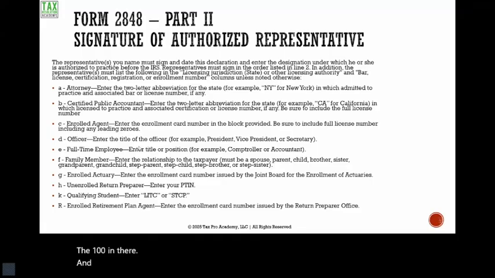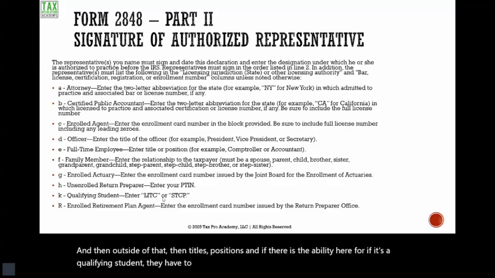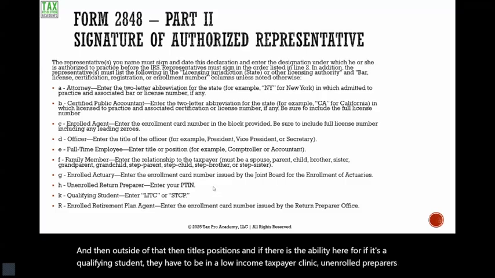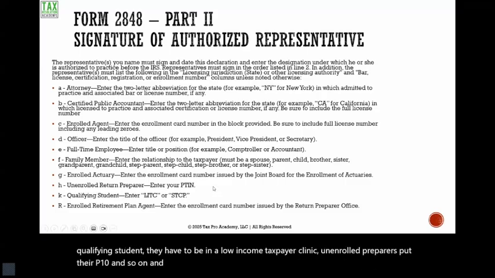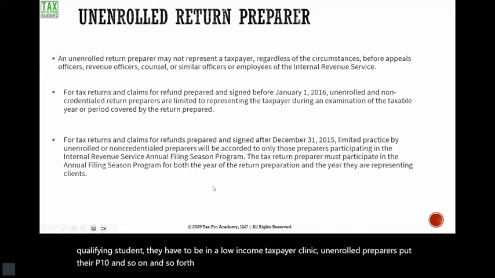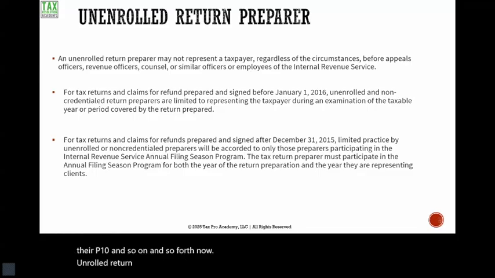And then outside of that, titles and positions. There is also the ability here for a qualifying student, who has to be in a low income taxpayer clinic, and unenrolled preparers put their PTIN, and so on and so forth. Now, unenrolled return preparers may not represent cases before appeals, before revenue officers, IRS chief counsel, or any similar officers.